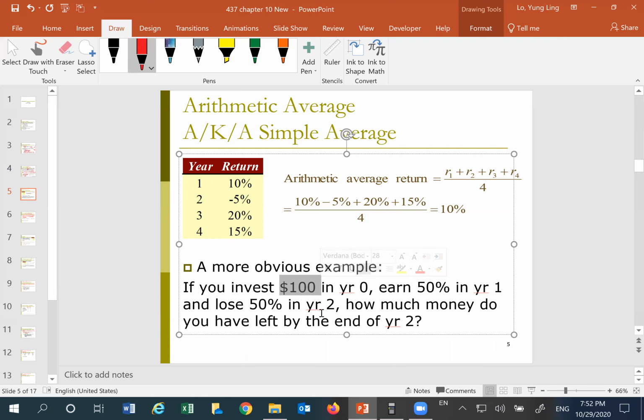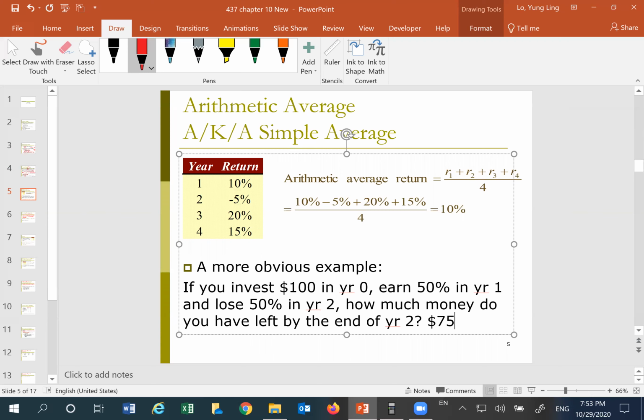At the beginning of year 2, you have a beginning balance of $150, but you lose 50% of that $150. So by the end of year 2, you have only $75 left, which means that in this total 2-year period, you have lost a total of $25 or 25% of your initial investment, right?